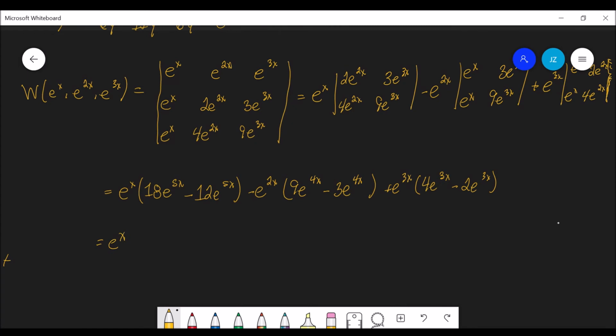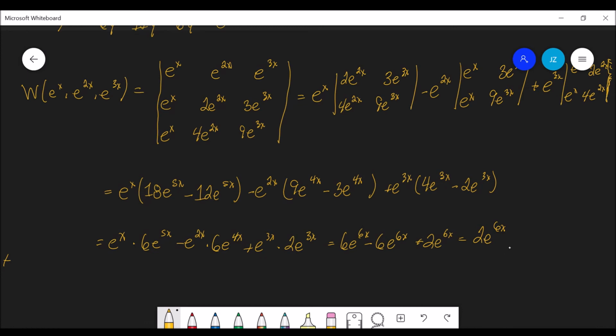So we get e to the x times 6e to the 5x minus e to the 2x times 6e to the 4x plus e to the 3x times 2e to the 3x. So it's 6e to the 6x minus 6e to the 6x plus 2e to the 6x, which is 2e to the 6x. So the Wronskian is 2e to the 6x.